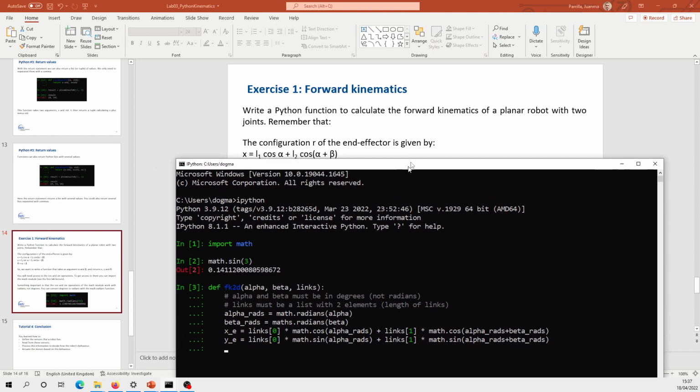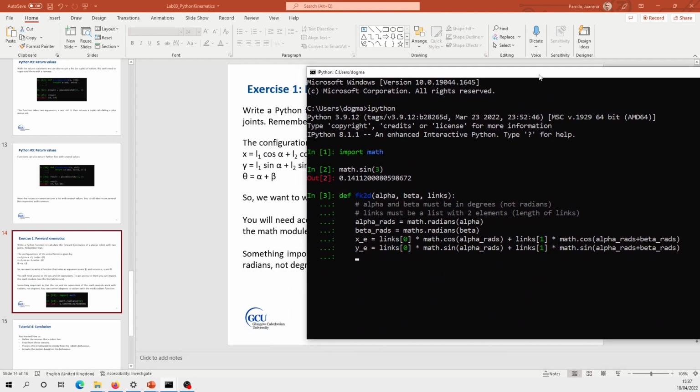And now finally we have x, we have y, we have theta, so we can just return it. So x, y, and then remember that theta is alpha plus beta, so I can just do it like that. So now we have our function that calculates the forward kinematics of a planar robot.